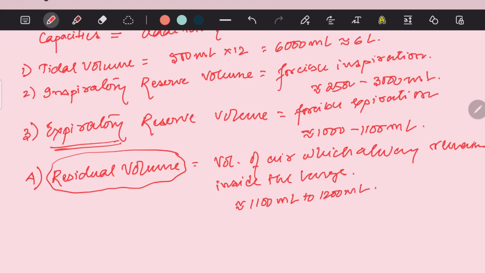Now, you might have seen a newborn, and if not in reality, you might have seen it in the movies at least, that the newborn starts crying after its delivery. That is when the lungs are actually inflated, and it is the residual volume of air that goes into the lungs. And this is the volume of air which remains inside the lungs for its entire life, about 1,100 to 1,200 milliliters.